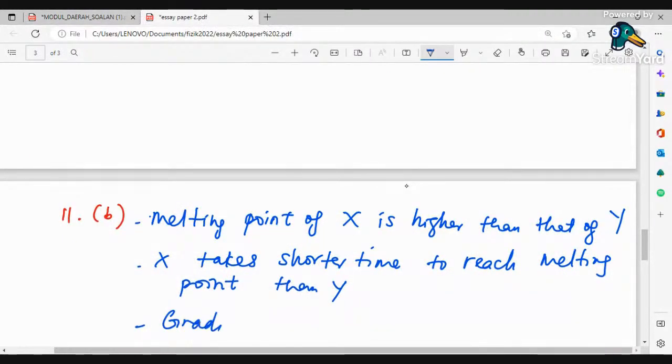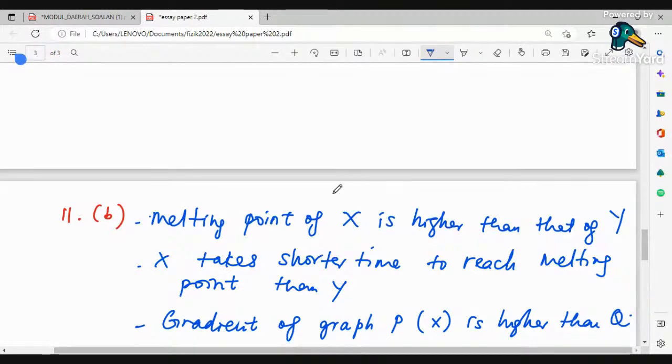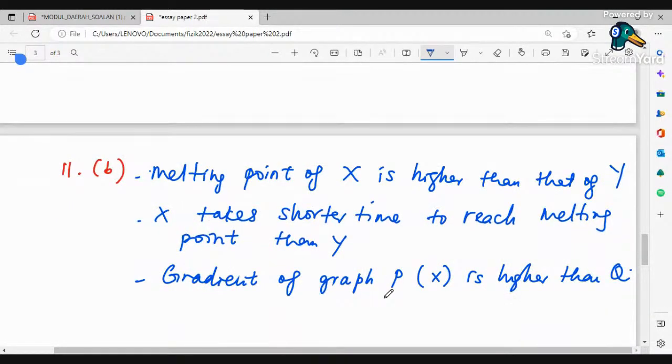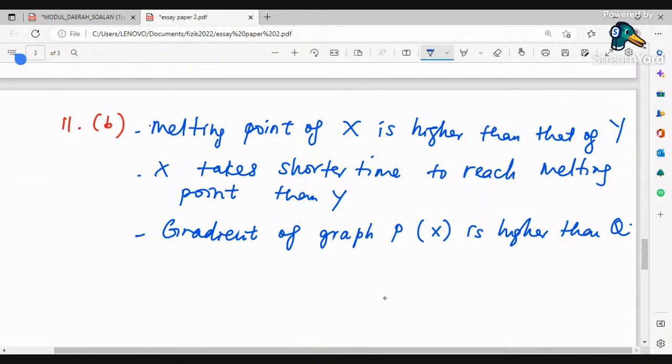Gradient of graph P for X is higher than Q. And then relate between gradient and specific heat capacity.